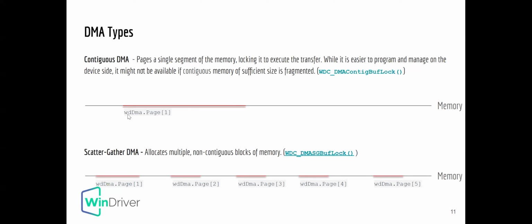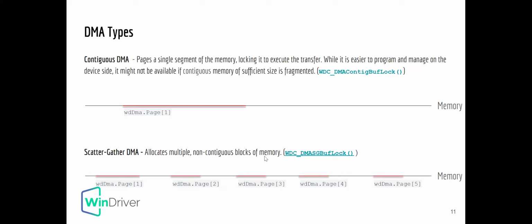One is contiguous, and the other one is scatter-gather. In contiguous DMA, we get a single segment of memory allocated. In scatter-gather DMA, there are multiple non-contiguous blocks of memory allocated and locked.